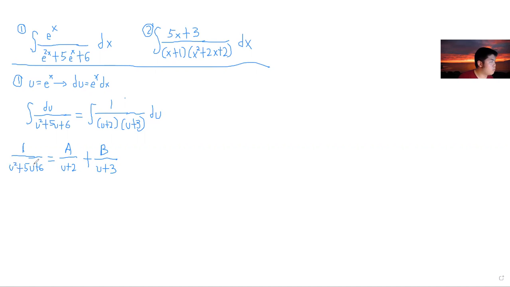Okay, and now what we want to do is multiply u squared plus 5u plus 6 on both sides. So you end up with 1 is equal to a times u plus 3 plus b times u plus 2.